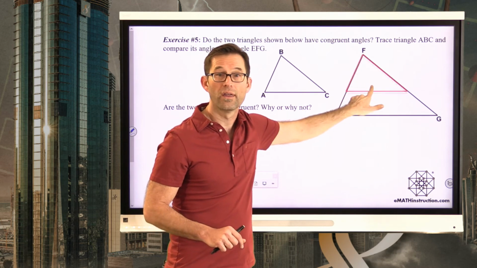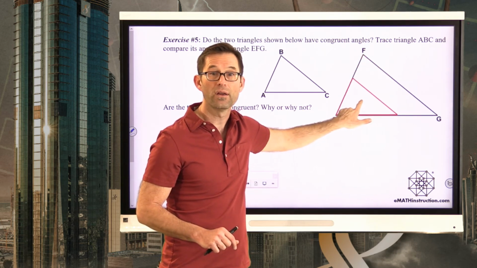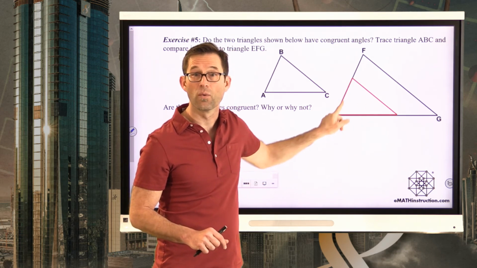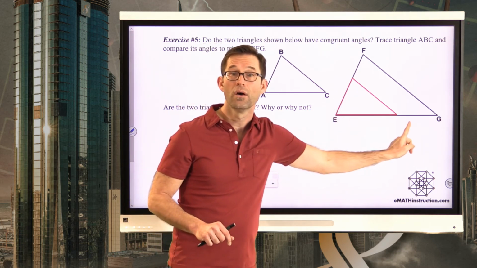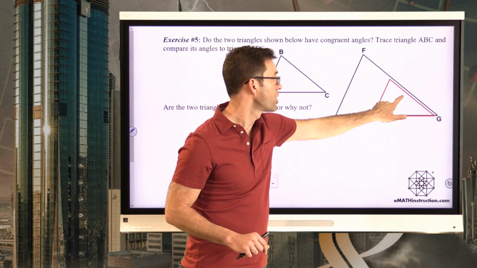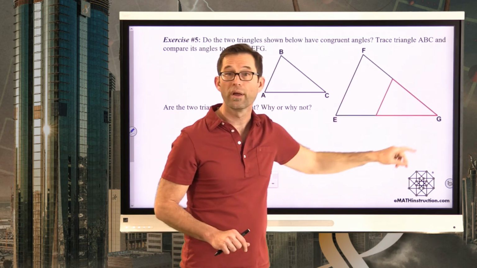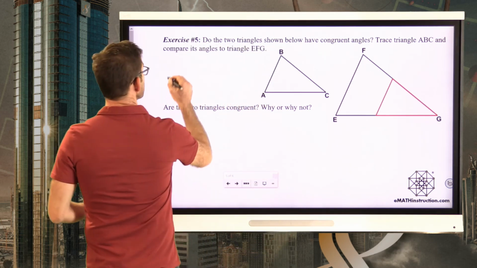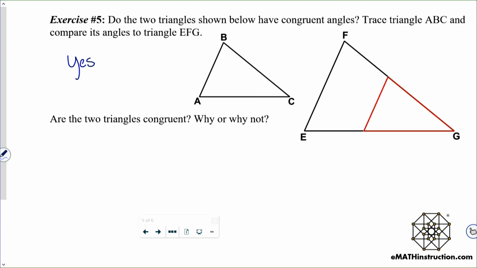Likewise, if I take this and I move it down here, then I see that these two angles must be equal. Again, these two rays are overlapping each other. And finally, if I bring my triangle over here and my board cooperates, we also see that those two angles are congruent. So you bet, yes. Right, that's all we need there.